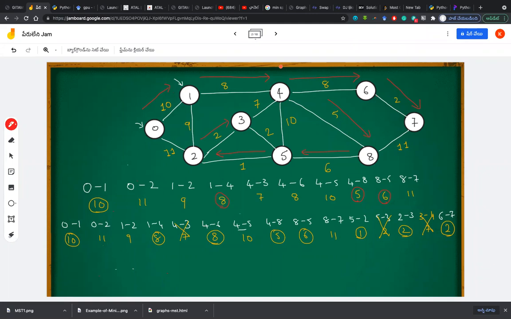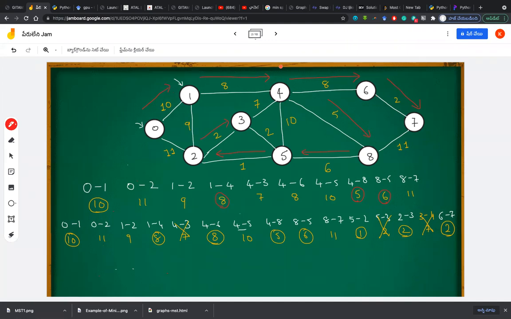Spanning tree is different from the shortest path algorithms. Spanning tree is applied in networks to reduce the packets hopping from one system to the other system. So what you are describing is the shortest path. For example, if you want to reach from 3 to 2 directly, it is 2.